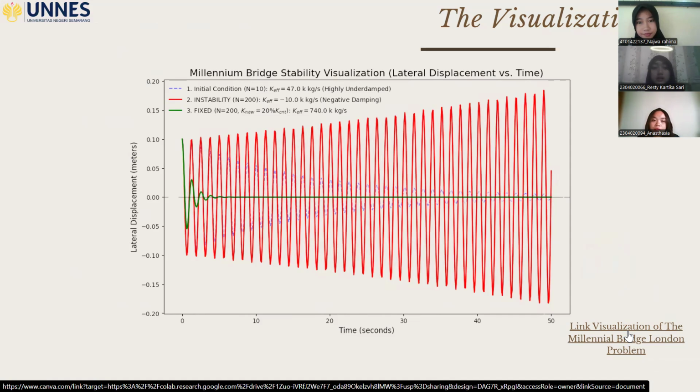The red line represents instability. For n equals 200, we got Kf equals minus 10 K kilogram per second. This is negative damping. And the green line represents the fix. That is, for n equals 200, we get K nu equal to 20% of the K crit. That is Kf equals 740 kilogram per second.